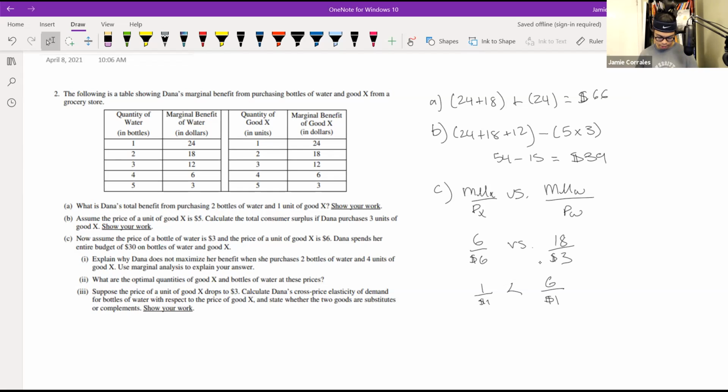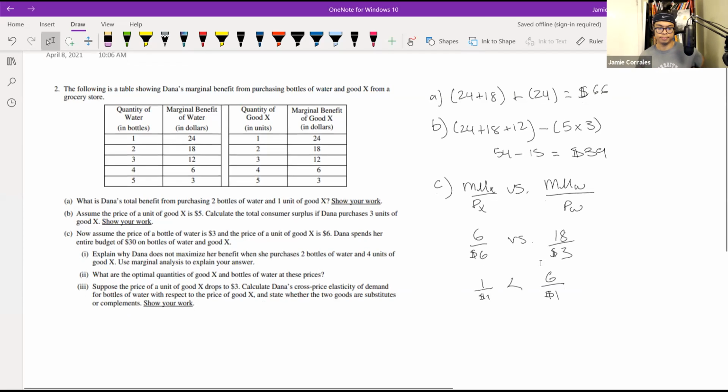Good X is $6. Oh yeah, she should consume less of good X and more of water, because per $1 on water she gets 6 marginal utilities. So this is not efficient.